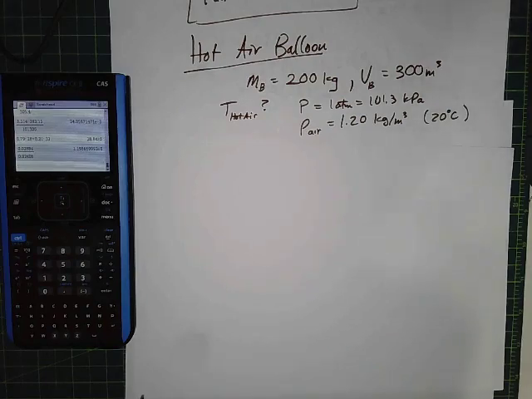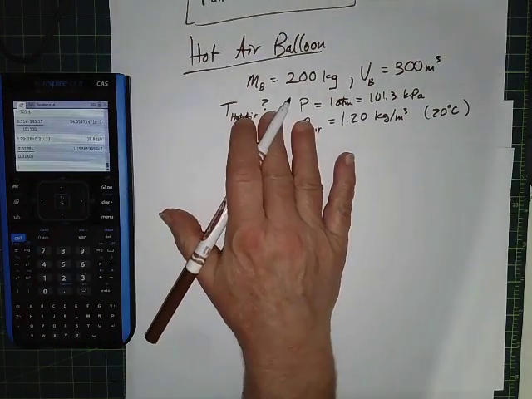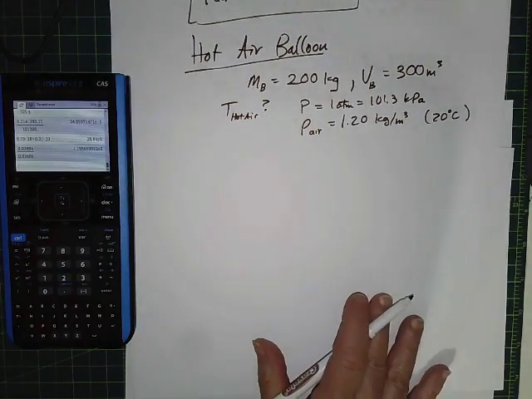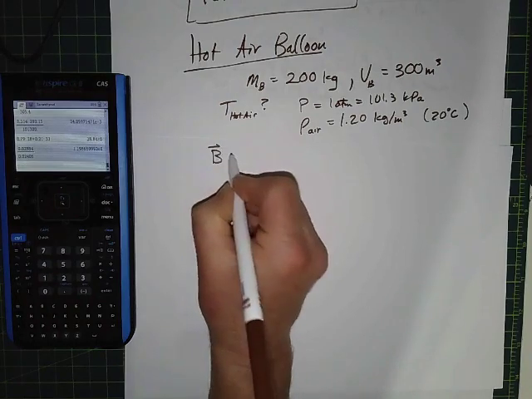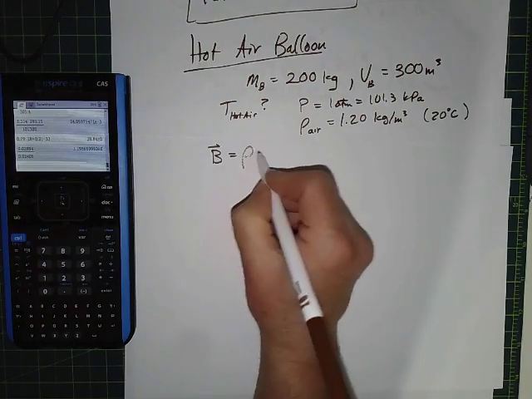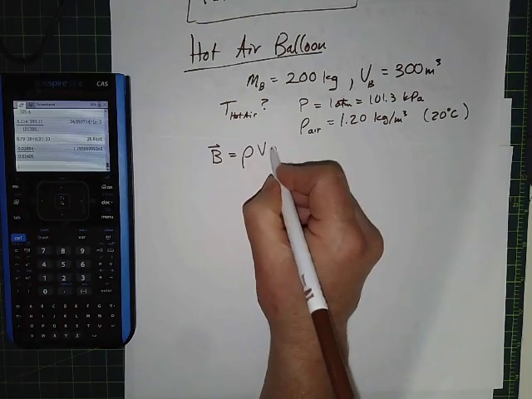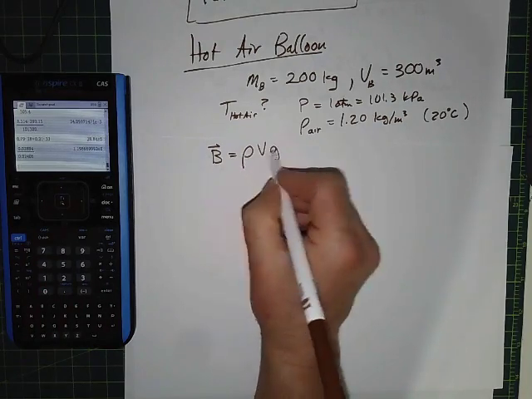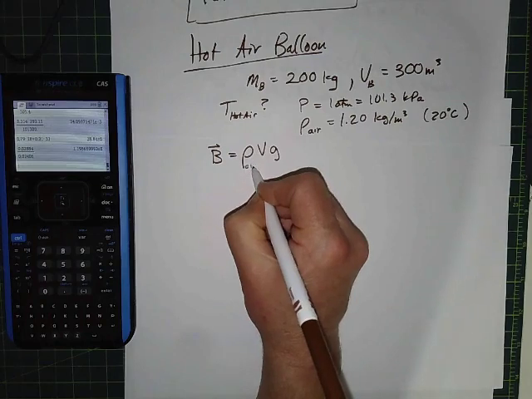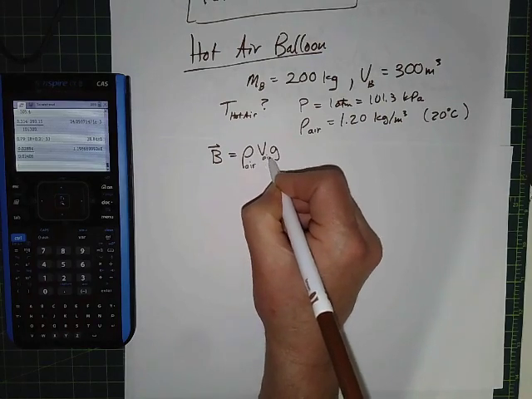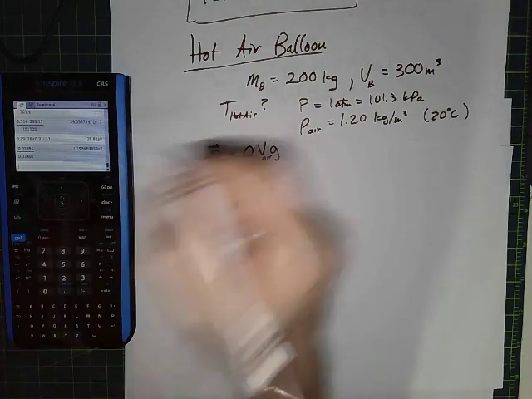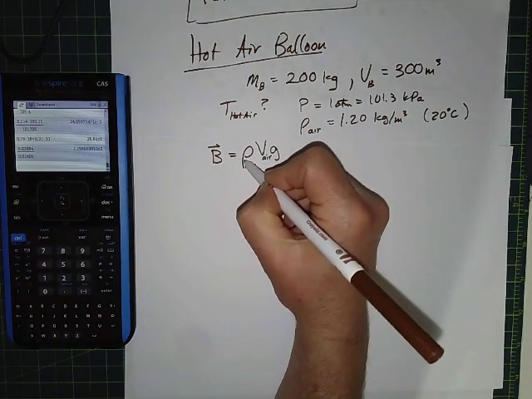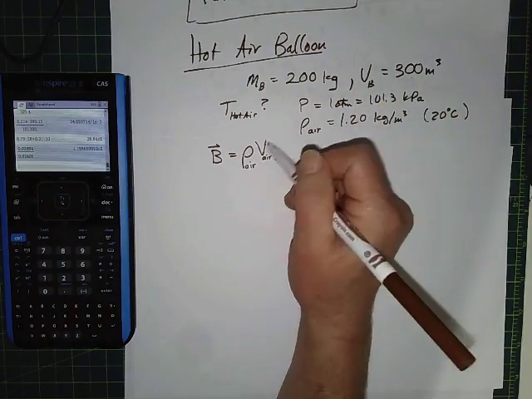air inside the balloon. Okay, so we need to take a step back to Bernoulli and buoyant forces and things like that. But remember, the buoyant force is equal to rho v g, where these rho and v are properties. Before, when we were talking about it in water, we would say rho of water and v of water, but this is the fluid, rho of the fluid displaced, v of the fluid displaced.